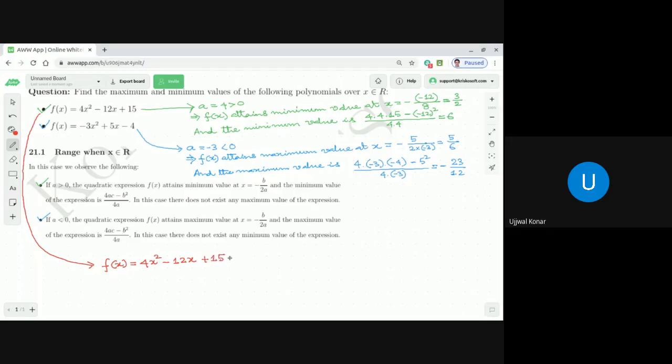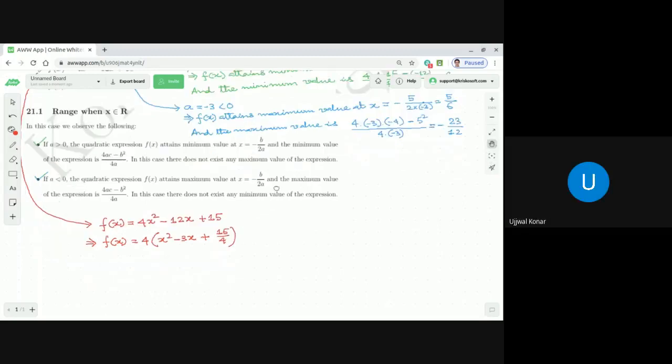So what we can do is make it a perfect square, dear students. This implies f(x) = 4(x² − 3x + 15/4), if we take 4 common. Correct or not?